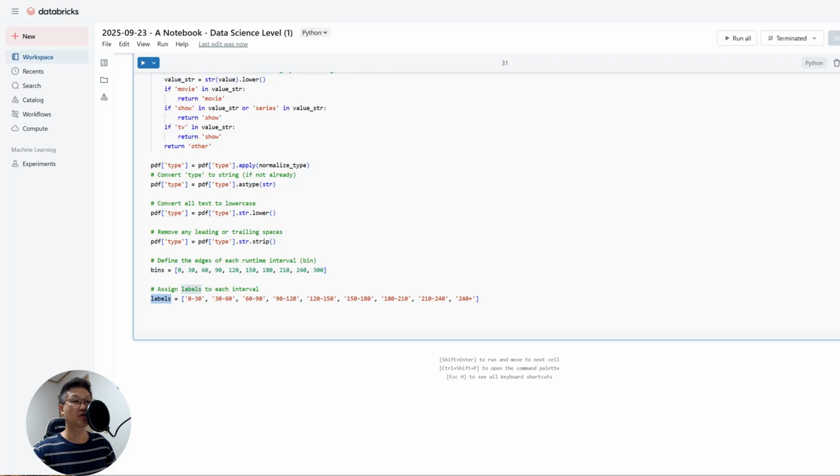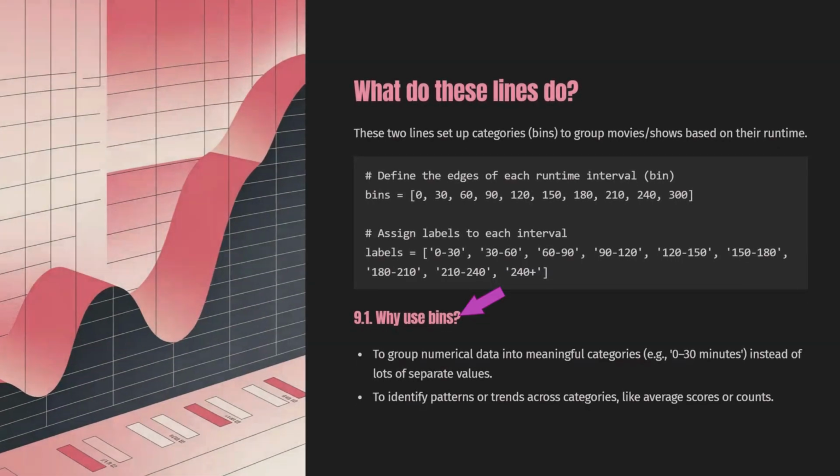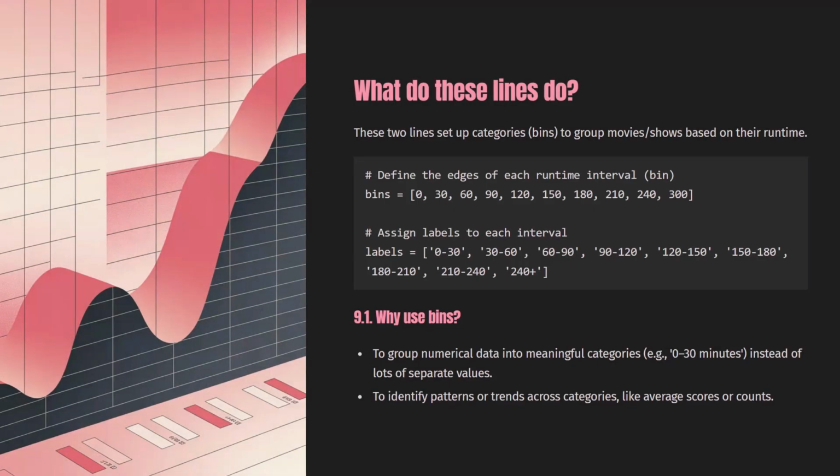The string label assigned to each interval makes the data more readable and easier to analyze visually. Why use bins? It is to group numerical data into a meaningful category, like 0 to 30 minutes, instead of lots of separate values. Also, it is to identify patterns or traits across the categories, like average scores or counts.